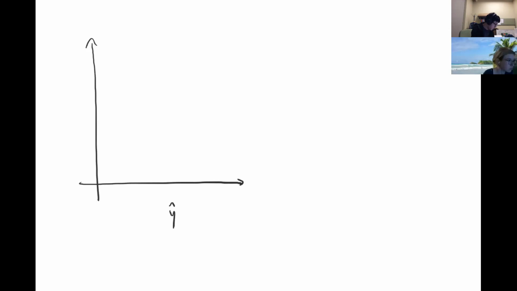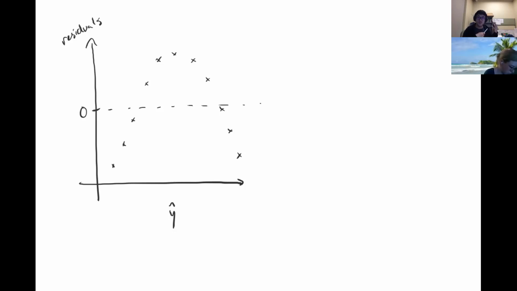Okay, now let's consider a set of residuals that looks something like this. So in this case, you actually have roughly the same number of points above and below my 0 line.